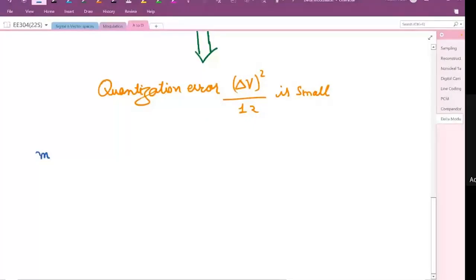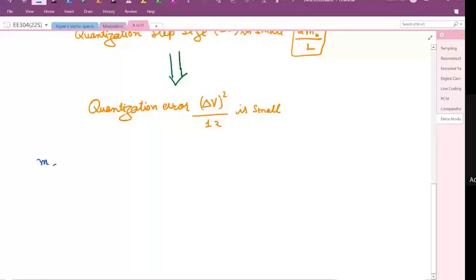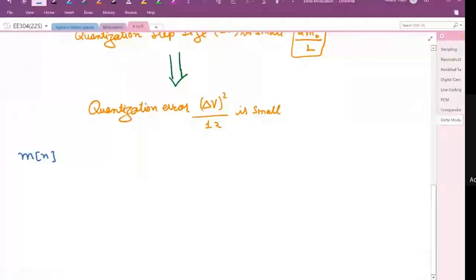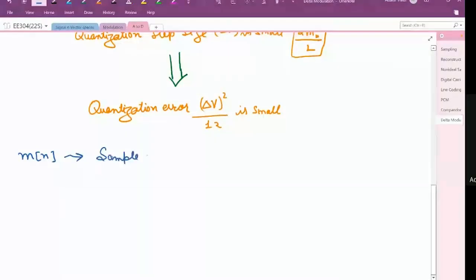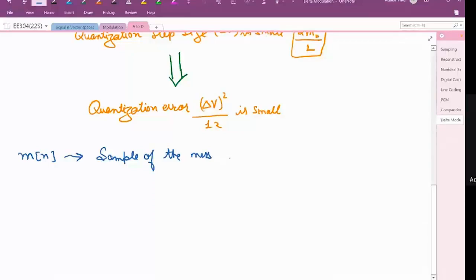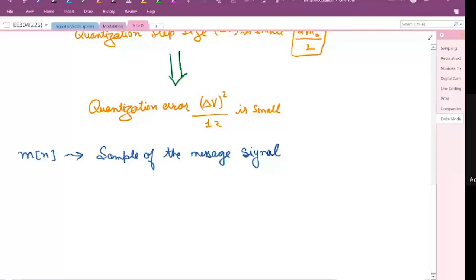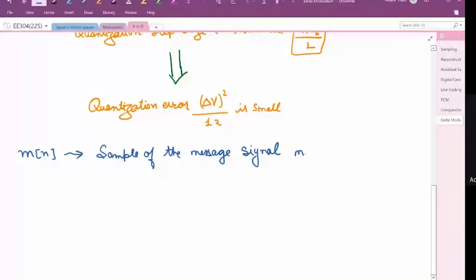Let us say this mn is the sample of the message signal mt at time n.